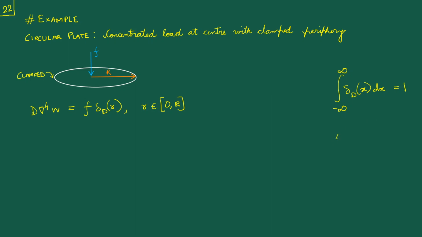So what we say here is that we have to actually carry out the integration in this polar coordinate system properly, and the counterpart of what we have written above would be by considering an elemental ring of radius small r and thickness dr, and this integration will be from 0 to infinity, and this will be equal to 1.